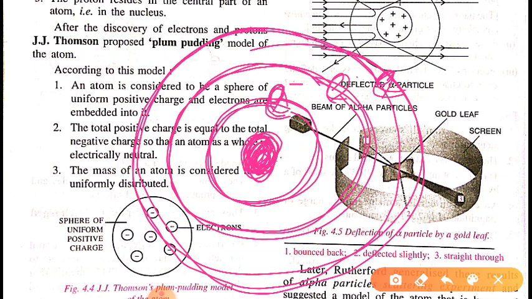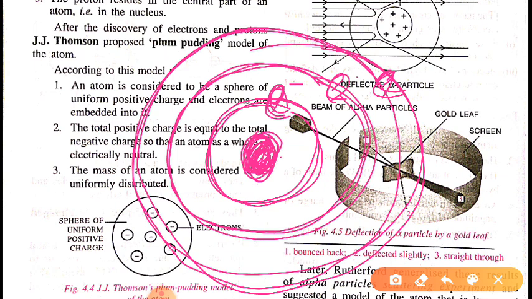It is balanced by the centrifugal force acquired by the revolving electron. Means, when the electron is revolving around the nucleus, it produces a centrifugal force. Because of this centrifugal force, the positive charge of the nucleus and the negative charge of the electrons are balancing each other.